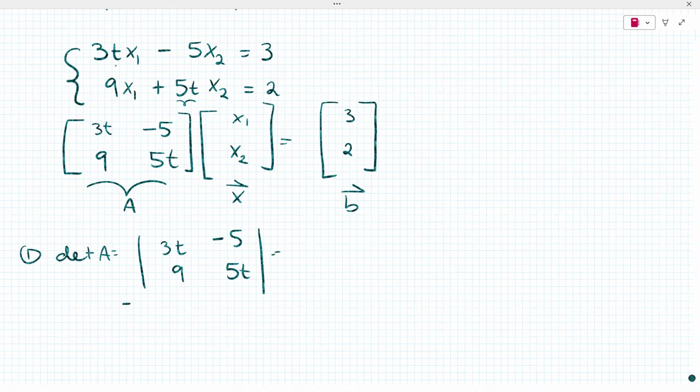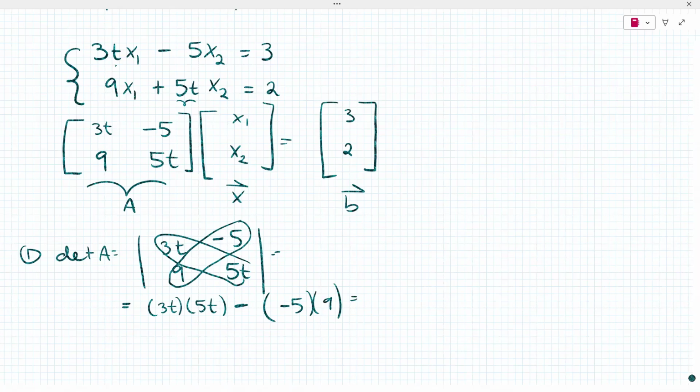So if you multiply this out, that's going to be 3t times 5t, minus, and then if you multiply this out, it's going to be -5 times 9.